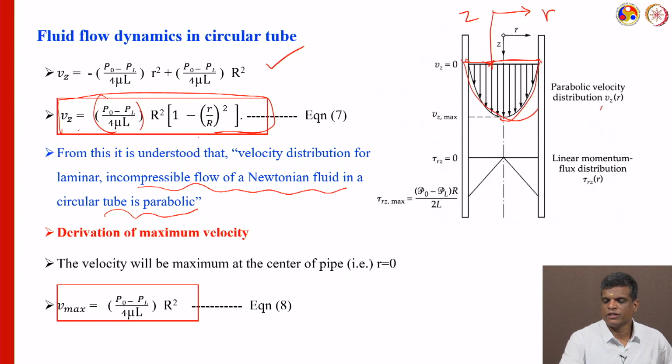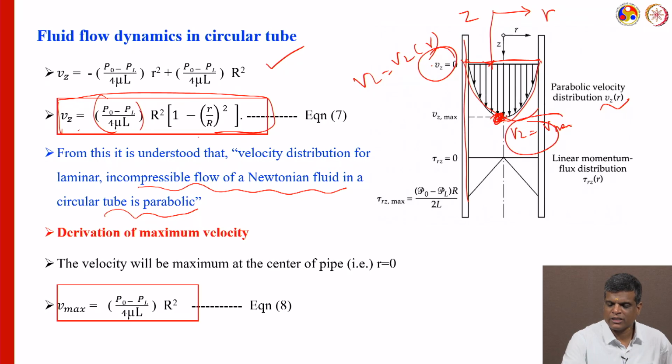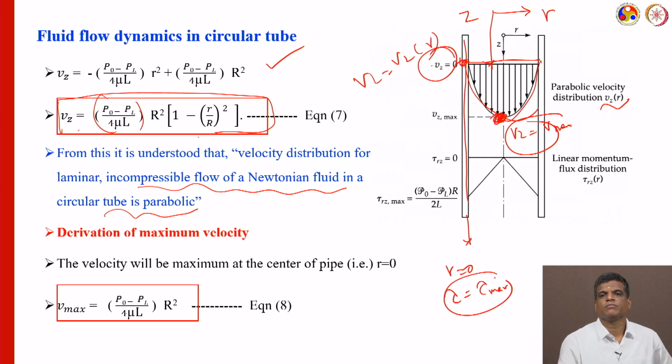Vz is a function of r. At this point, Vz is 0, but at this point Vz equal to V max, the maximum velocity. Wherever Vz is 0, the shear stress is the maximum.